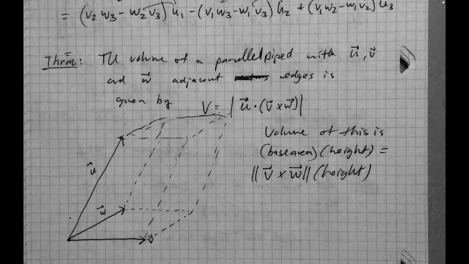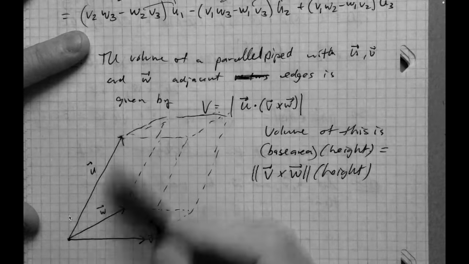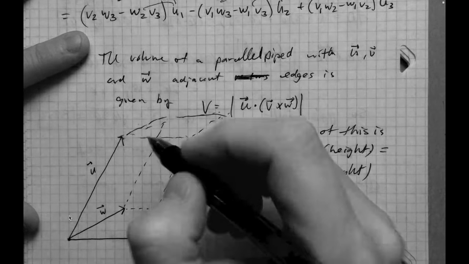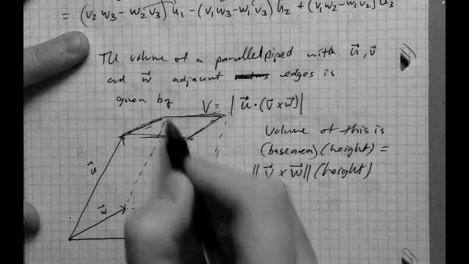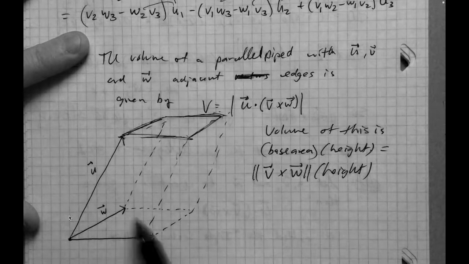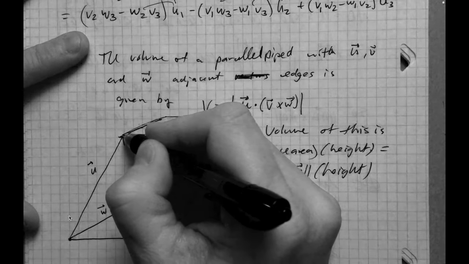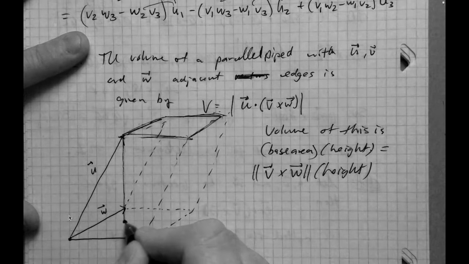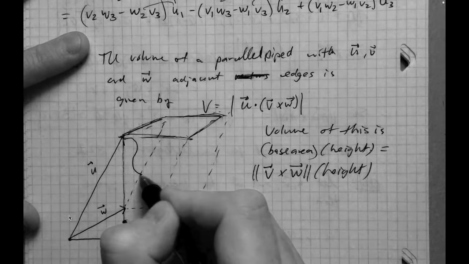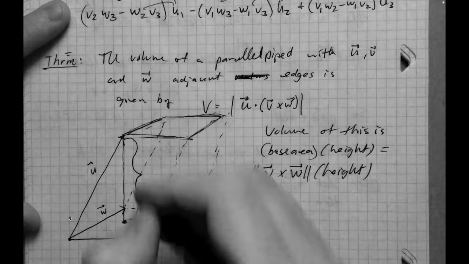Now we need to know the height. The height is not the length of U. Remember, there's a surface implied up on top that's parallel to the surface on the bottom, and so the height is the height from that surface down to this plane. All right, so that's the height.